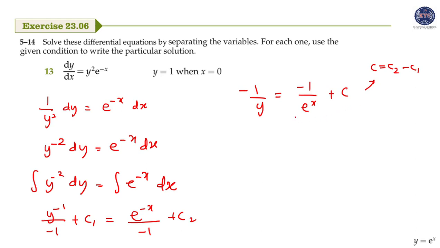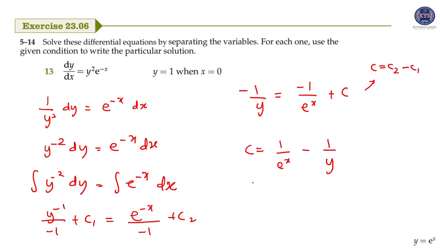But since we want to solve for c, put c as the subject. So c equals 1 over y minus, meaning you have to bring this one to the other side, 1 over e to the x minus 1 over y.